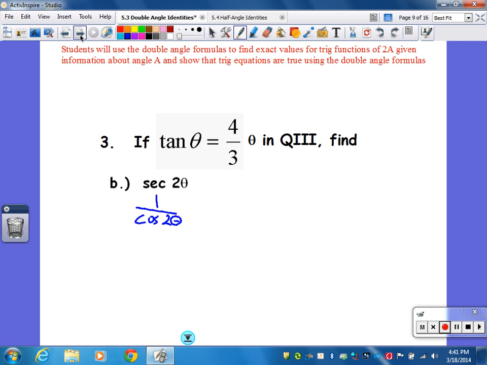So we have 1 over negative 7/25, which simplifies to negative 25/7. All right, those are pretty quick when you've already found your double angle.